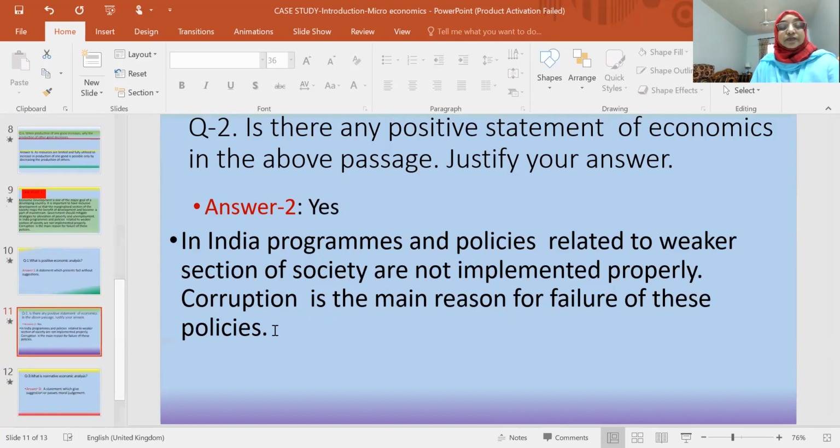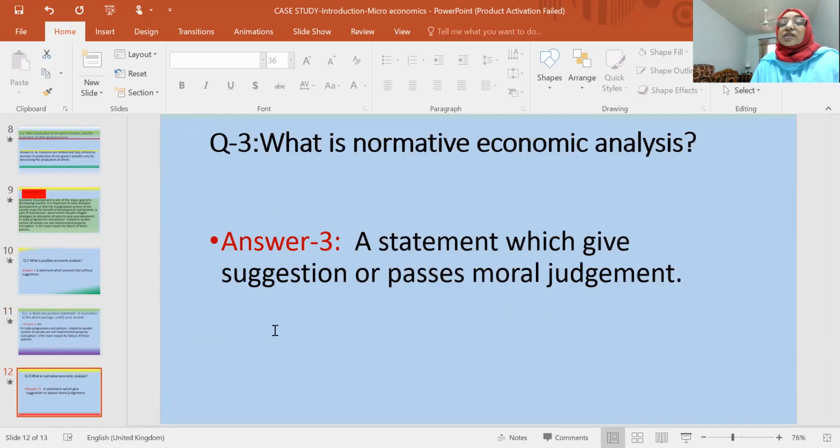Next question is, what is normative economic analysis? A normative economic analysis is a statement which passes moral judgment or which gives ideas or suggestion. It should not rain today. That will be a normative statement. People should not lose job during pandemic.